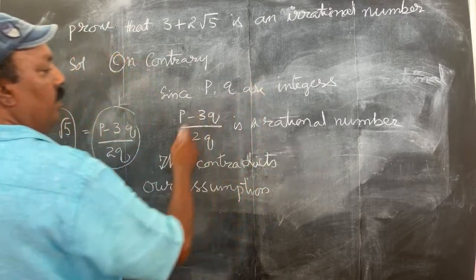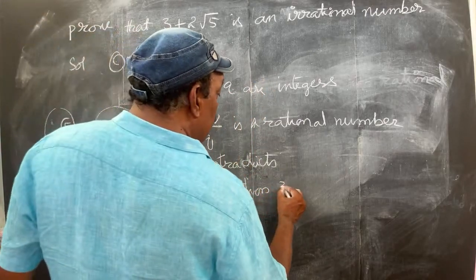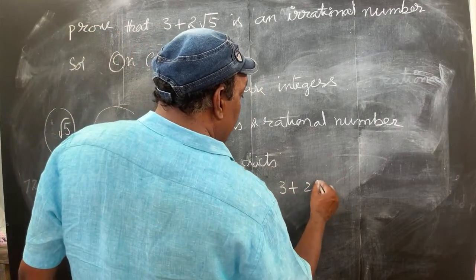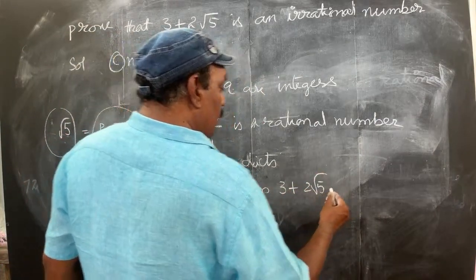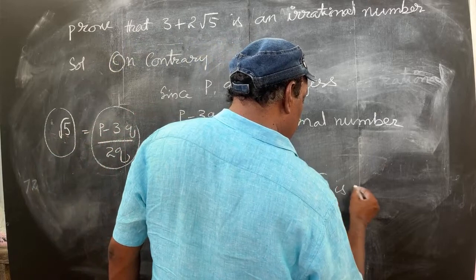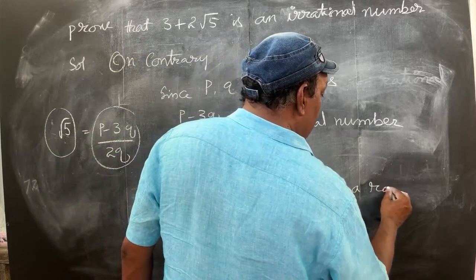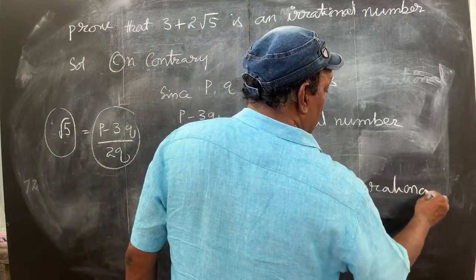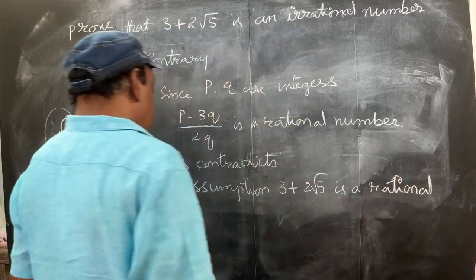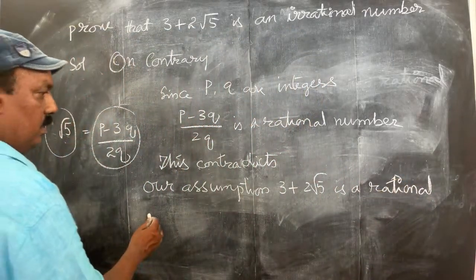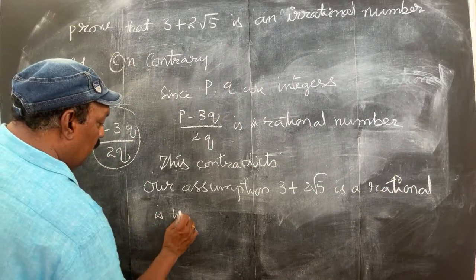What did we assume? We assumed that 3 plus 2 root 5 is a rational number. That is wrong.